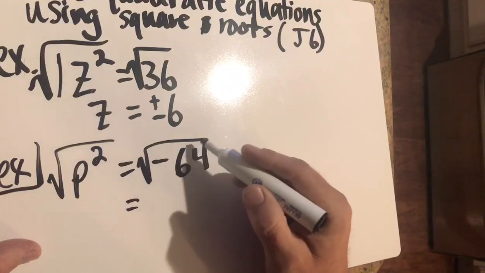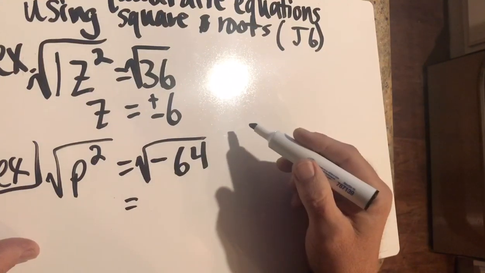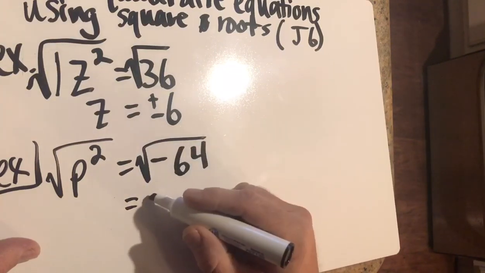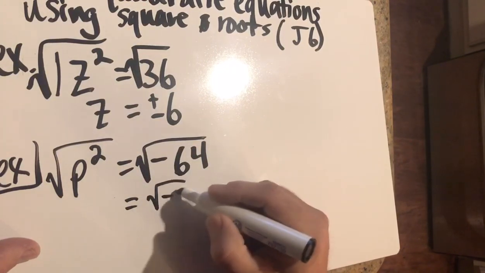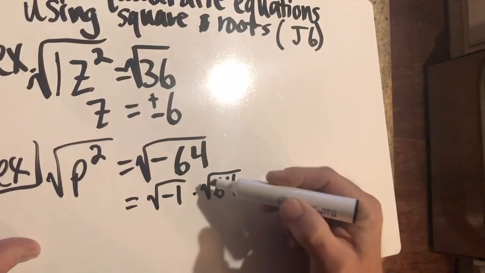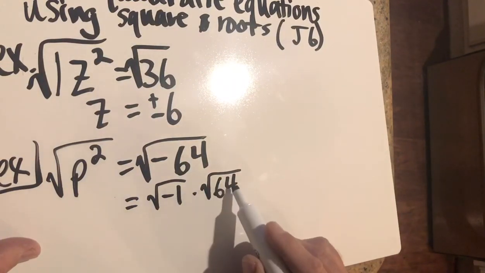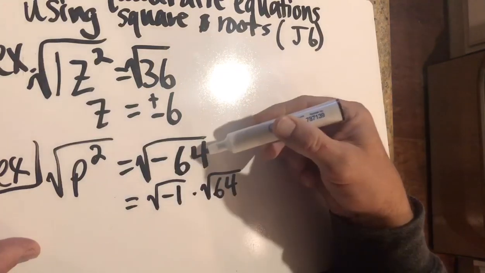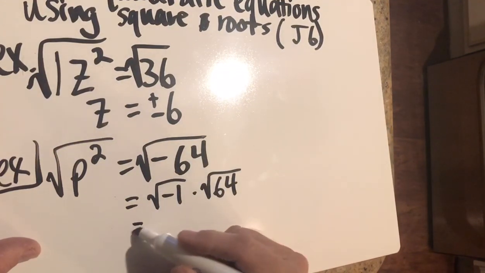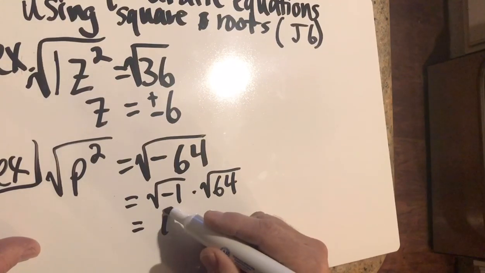So when you have these types of problems, we have to separate these as such. Square root of negative 1 times square root of 64 gives you square root of negative 64. Square root of negative 1 is that imaginary number i.